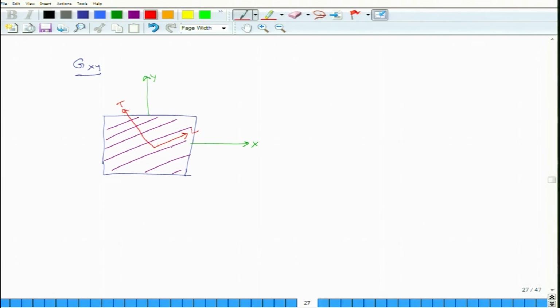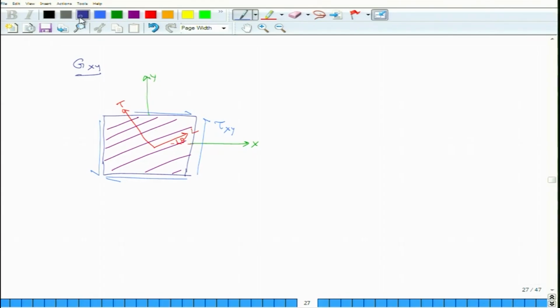So, the angle between x and L axis is theta, and here since we are interested in finding gxy, we subject it to pure shear stress, okay, positive shear stress. So, this is our positive shear stress applied like this. So, this is tau xy.